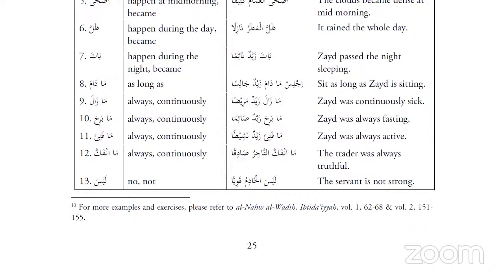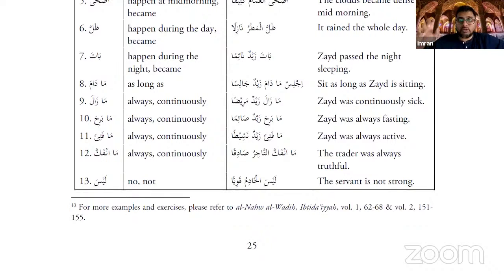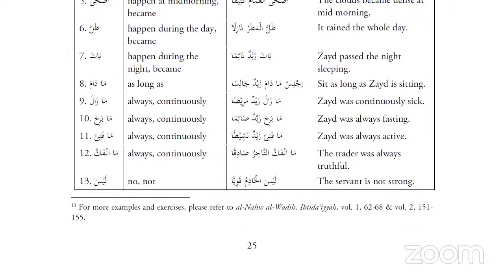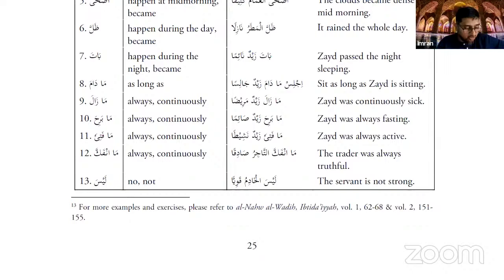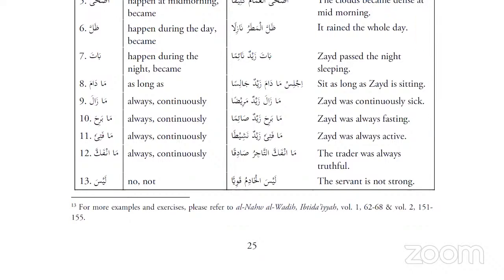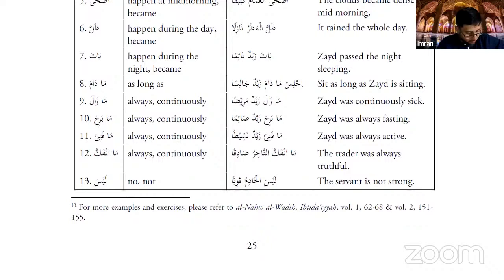Zala, Zalu, Zalna. So this one is slightly different. Now, this one from the sixth form, it becomes with a kasra. Because Zilla. Excellent. I'm just sending across in the group as well, so that you have this. Zala, yazalu becomes zilna. Zilta.